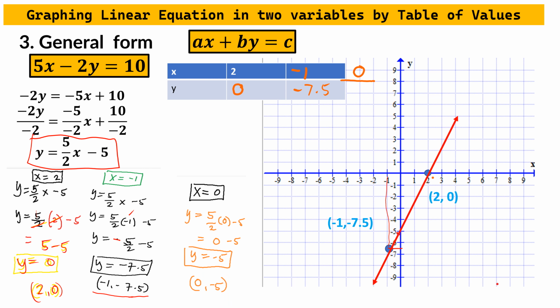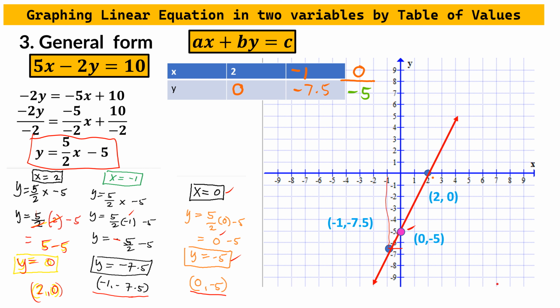If x is 0, then 5 halves times 0 minus 5 is equal to 0 minus 5. Thus y is equal to -5, and the ordered pair is (0, -5). Is it still on the line? Yes, (0, -5) is located in this particular location.